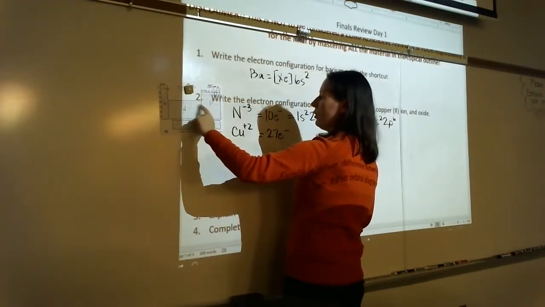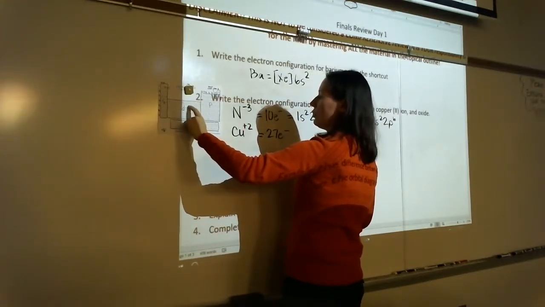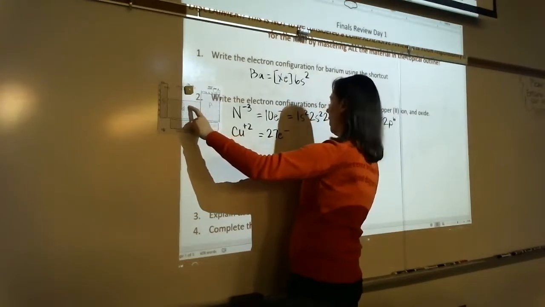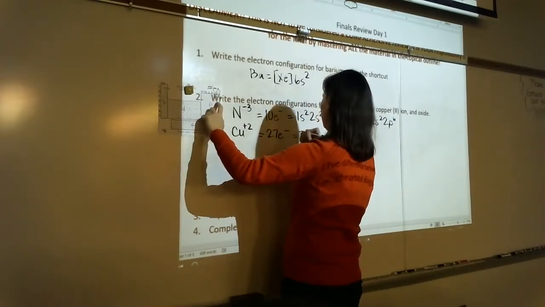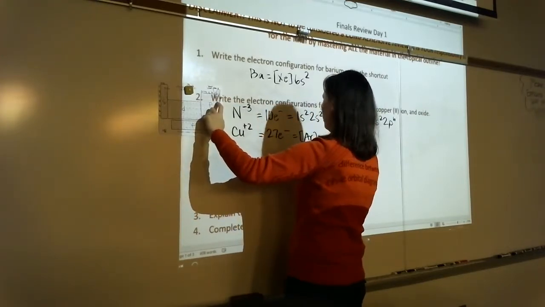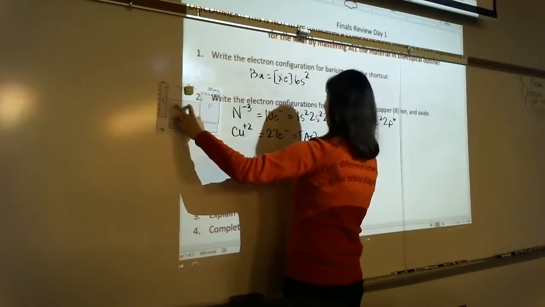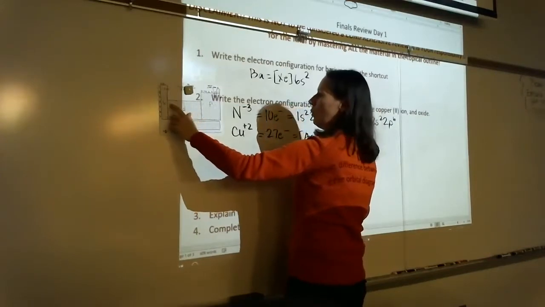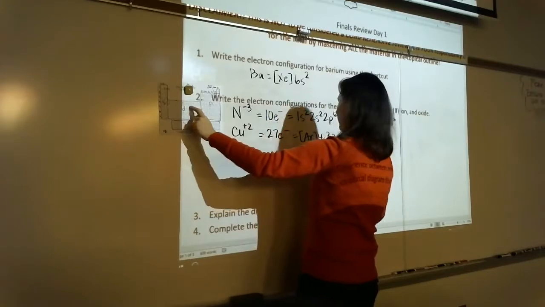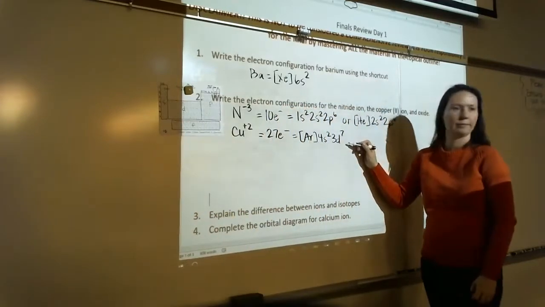Do you go up 2 or do you go down 2? Down 2. So it's got the same electron configuration as cobalt, right? So for cobalt, let's just use the shortcut. Up and over would be argon. And then 4s2, 3d, 1, 2, 3, 4, 5, 6, 7. Does everyone see how we got that?